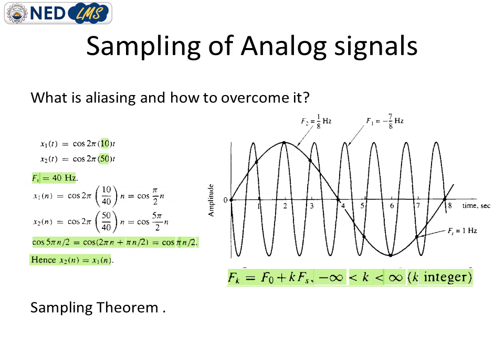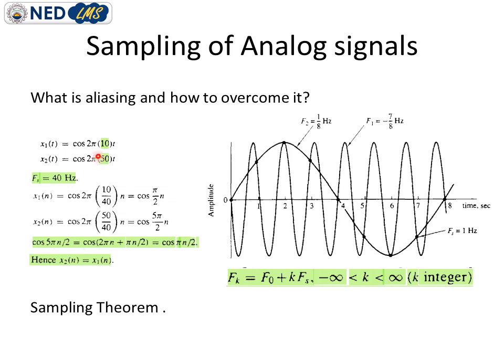See that we have used the relationship for x1 of n, which is after sampling. When the signal is converted into the discrete time domain, x of t is converted into x of n. x of n will become cos 2 pi small f n, because we are dealing with the discrete time domain, where small f is the normalized or relative frequency, which must be equal to capital F over Fs. Here capital F is 10.